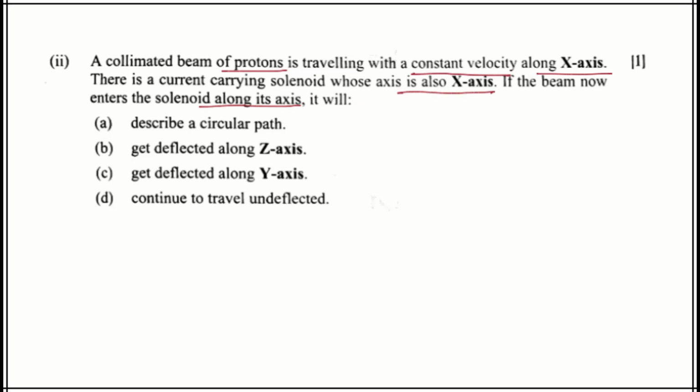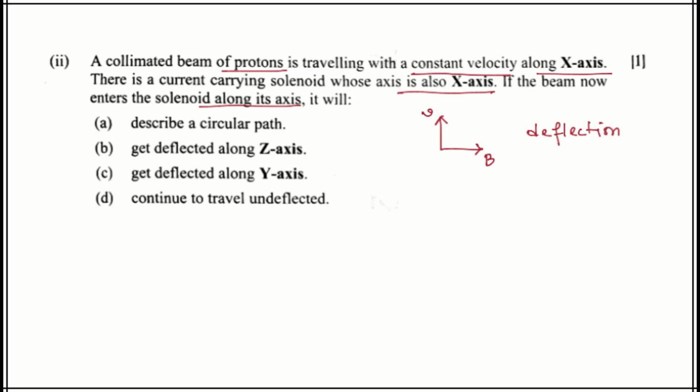In this case, for a deflection, the motion of protons must be perpendicular with the direction of magnetic field. In that case only we get deflection. But in our case, it is clearly mentioned that the protons are moving along x-axis, which is also the axis of the solenoid.